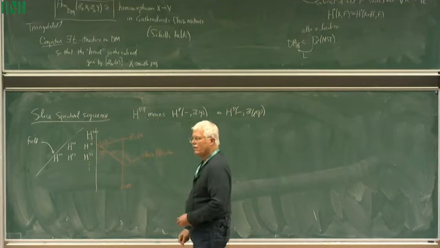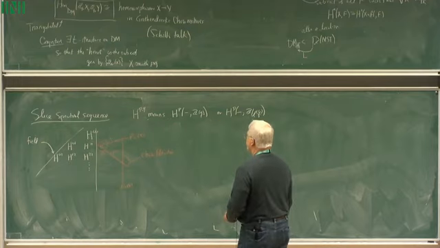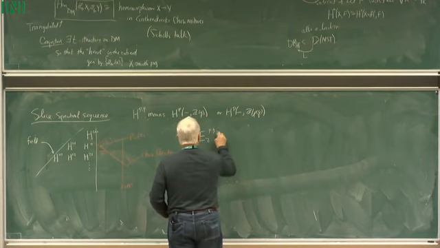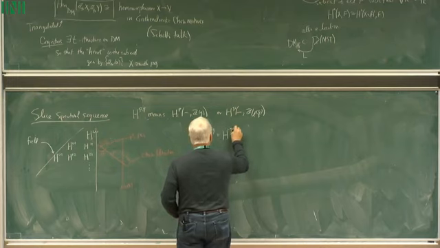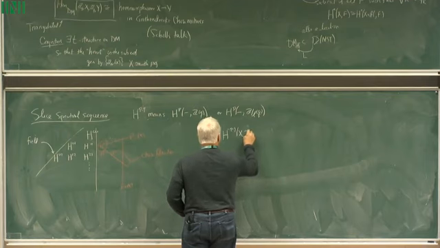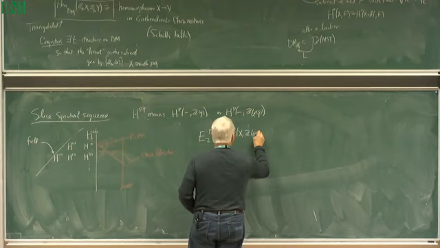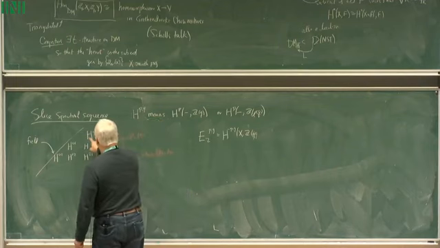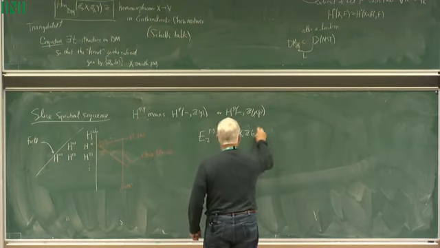Sorry? Well, she had, yeah, so the E_2^{P,Q} is H^{-P-Q} of X with coefficients in Z(-Q). If P equals 0, it's minus Q with minus Q. So I think this is right.